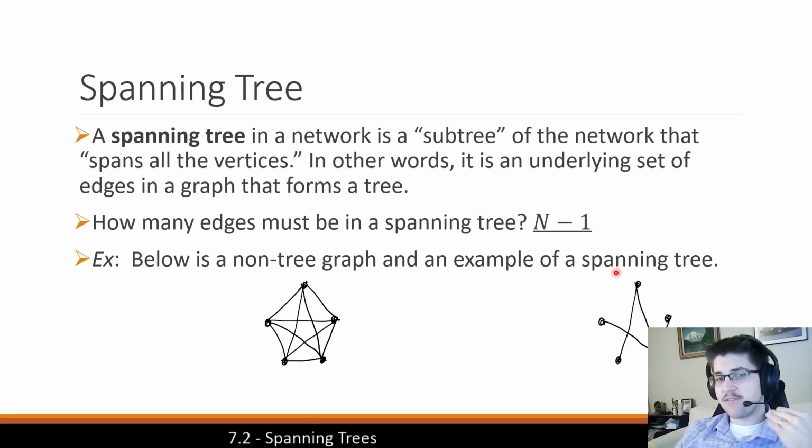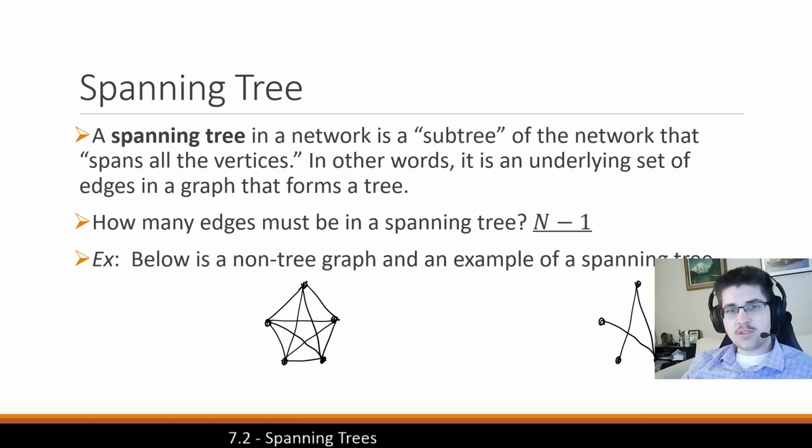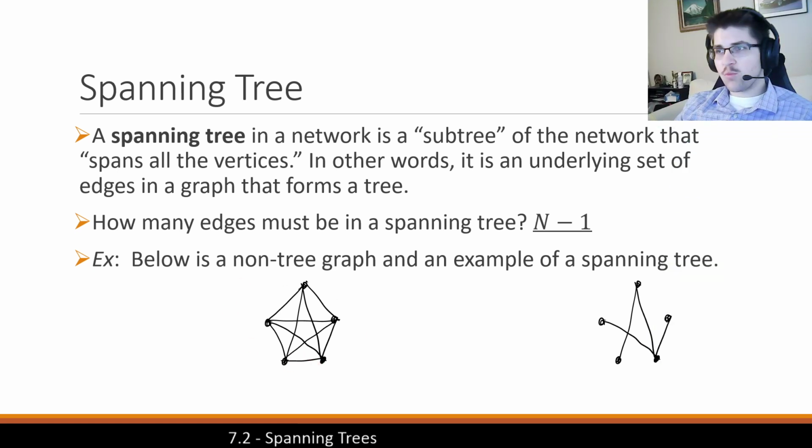A tree must have n minus 1 edges, where in this case n is 5. So the number of edges in a tree must be 4. And to the right, you can see I've given one example of what we call a spanning tree, which is just taking some of the edges to form a tree. And notice that we have 1, 2, 3, 4 edges in this particular spanning tree.